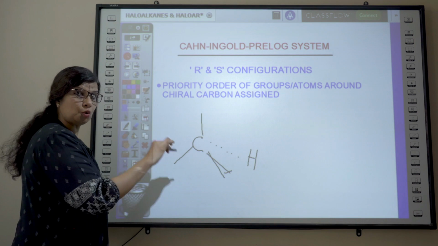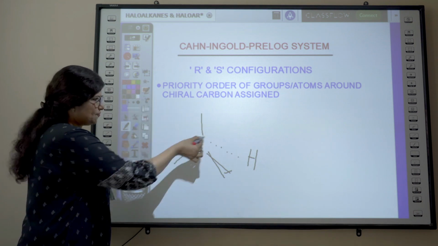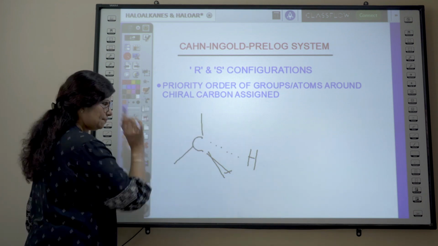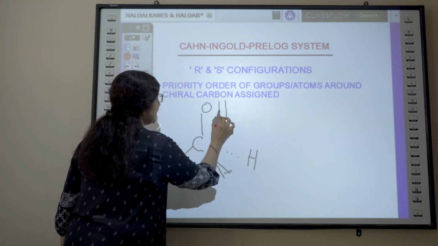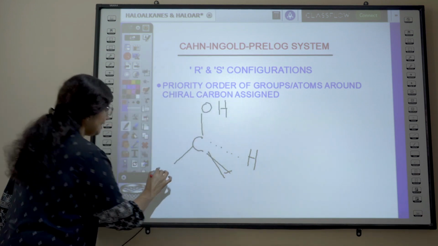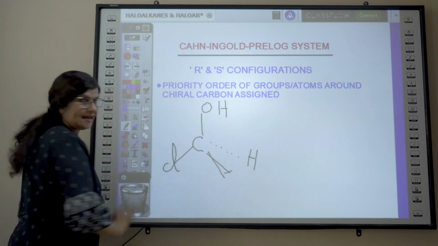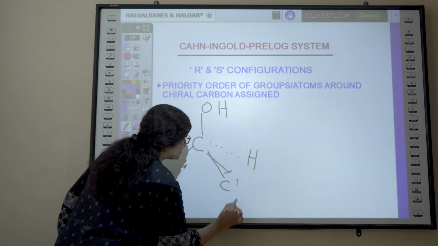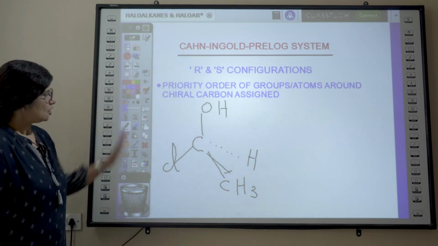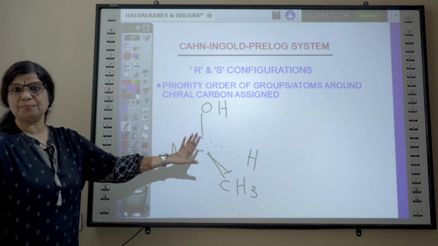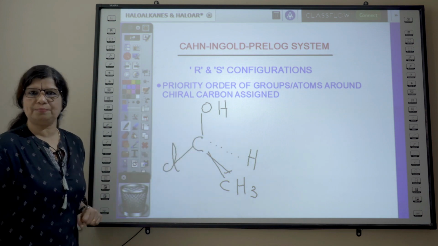I'm placing a few atoms and some groups. What do I mean by groups? Let this be OH, that is a group of atoms. Let this be chlorine, Cl. Now another group of atoms, CH3. So this is a perspective formula of this particular compound.